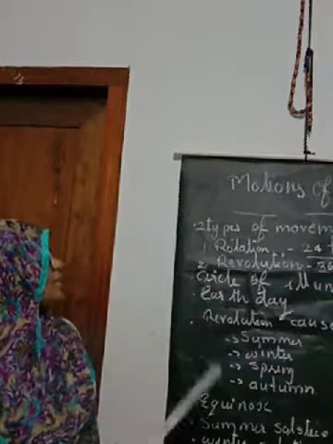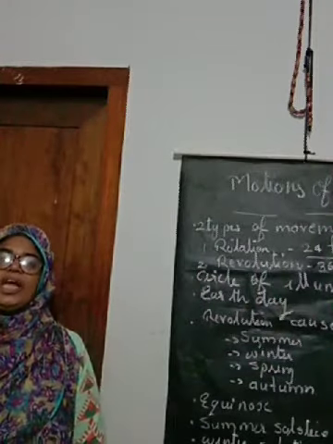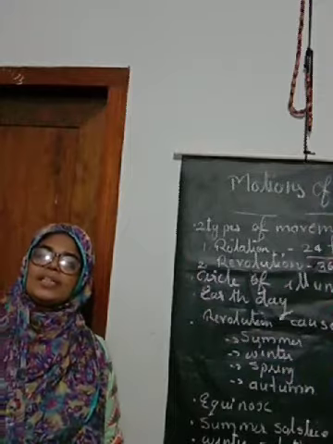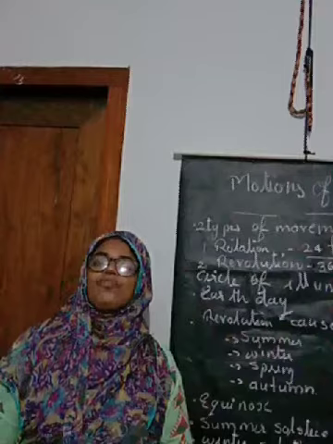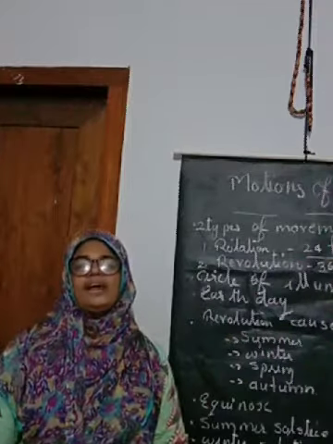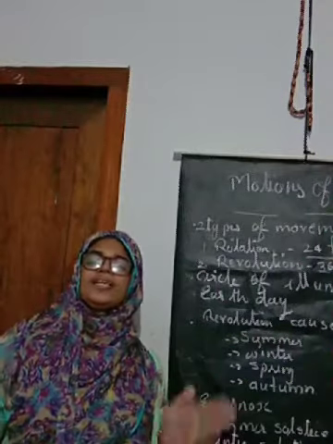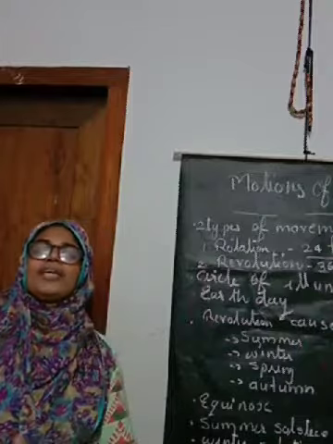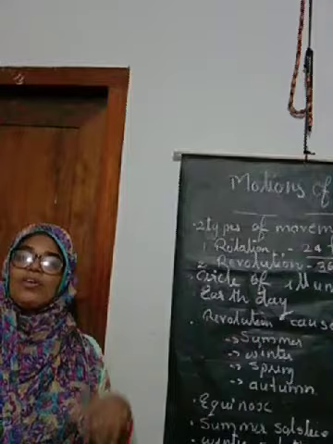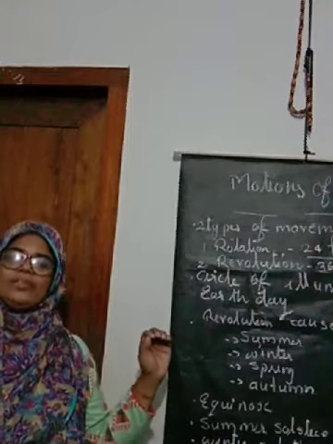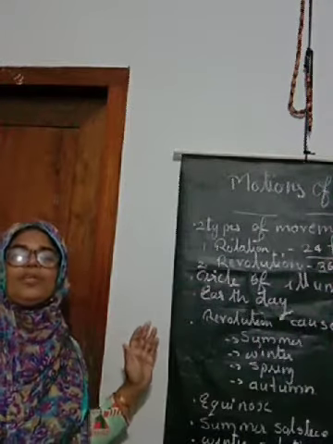Next one, what is the circle of illumination? Which part of the earth is facing the sun directly? That part will be receiving sunlight. That part will be experiencing what? Day or night? Day only. What will be the fate of the opposite part?